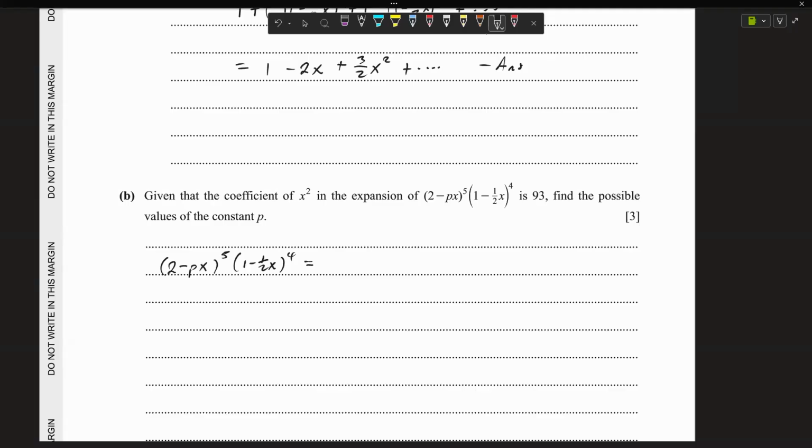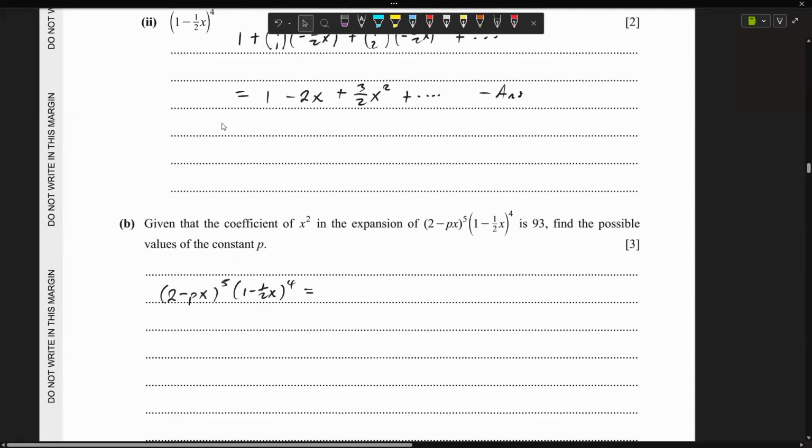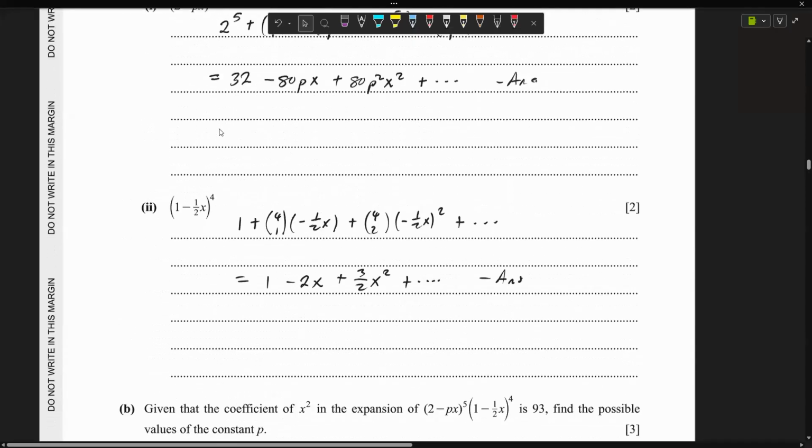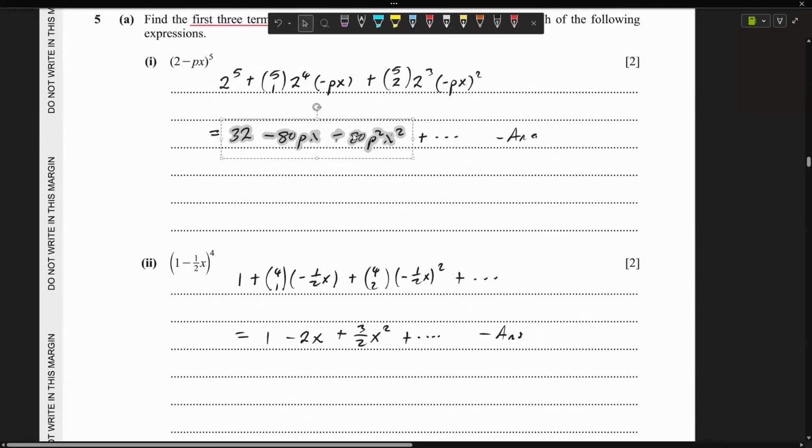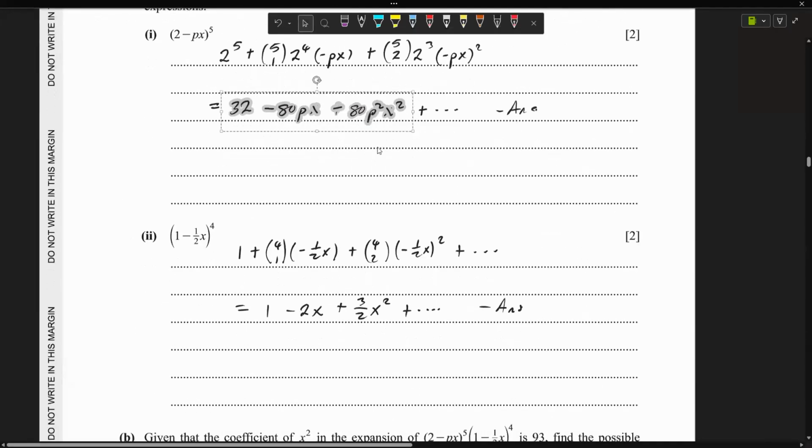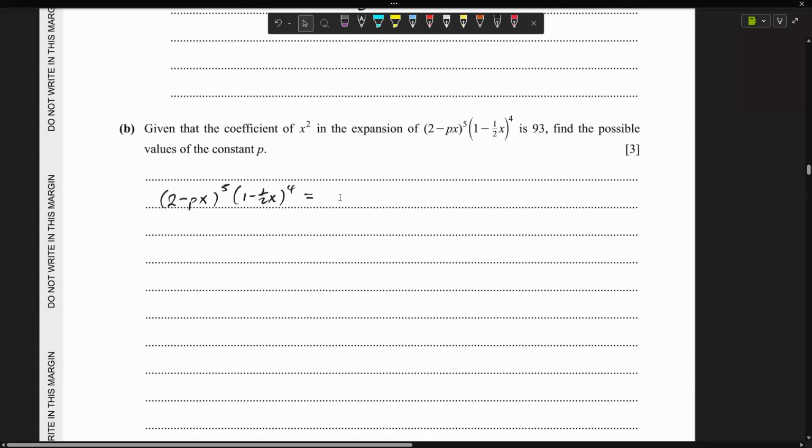Okay, so let's continue. Now, to get a term in x squared, if you look at the expansion of 2 minus px to the power of 5, it got us this. Let me just use these values, so I'll put it here. This is what we got from the expansion of 2 minus px to the power of 5, and it goes on and on.